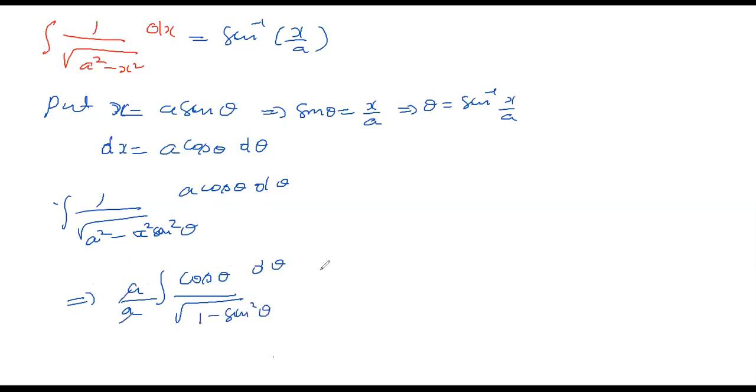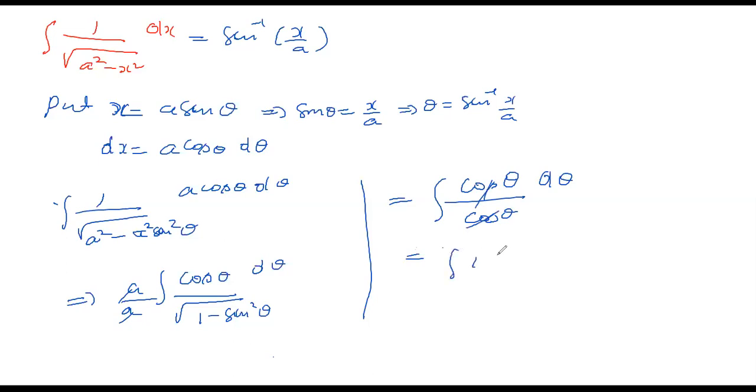Now a cancels, and it is cos theta divided by root of 1 minus sine square theta, again cos theta d theta. Now cos theta cancels, it becomes 1 d theta. What is the integration of 1? It will be theta plus c. I know theta is sine inverse x by a, plus c is the answer.